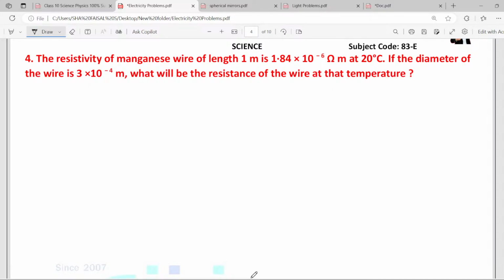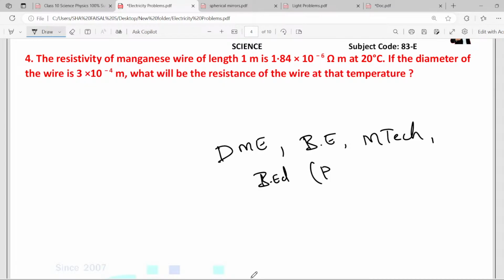If I want to let you know about me, who I am, dear students, my name is Shah Faisal. I have done my diploma in mechanical engineering, BE in mechanical engineering, MTech in machine design, and I have completed B8 and I am proceeding with PGCTL course, and I am teaching since 2007.